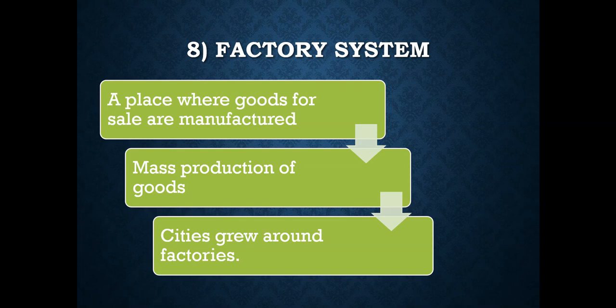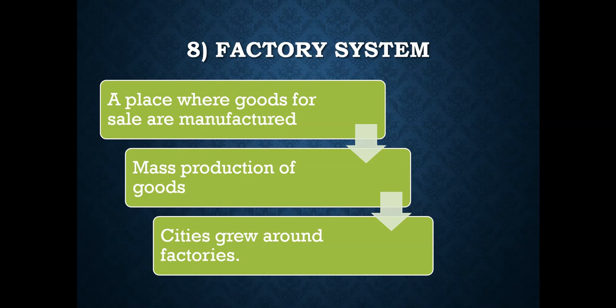If you wanted to build a table, you would go piece by piece and then put it all together. Well, the factory system led to mass production, producing hundreds, thousands, and hundreds of thousands of things, and selling those things.